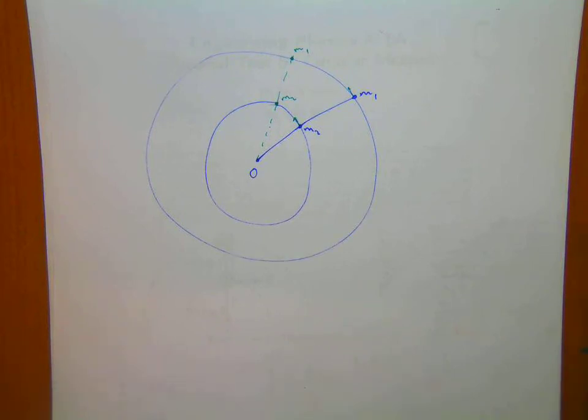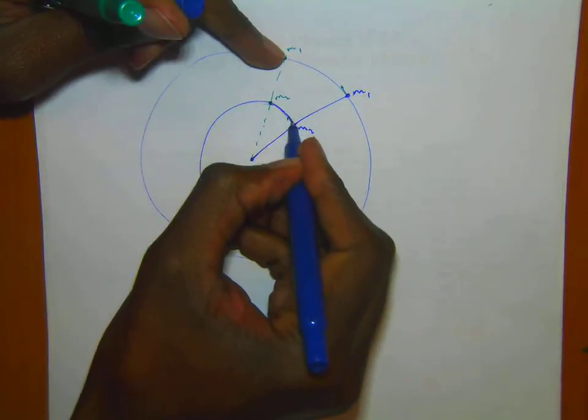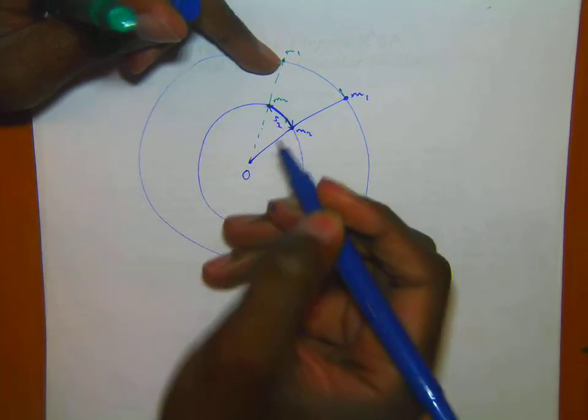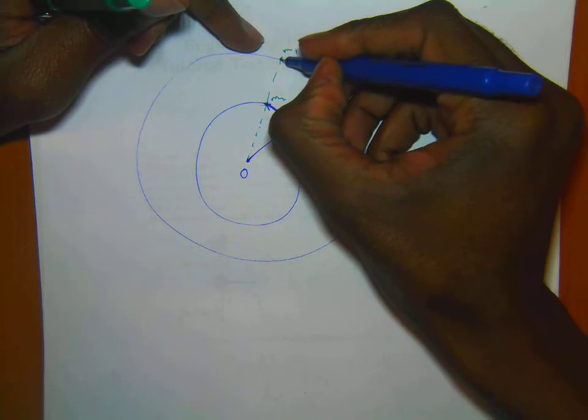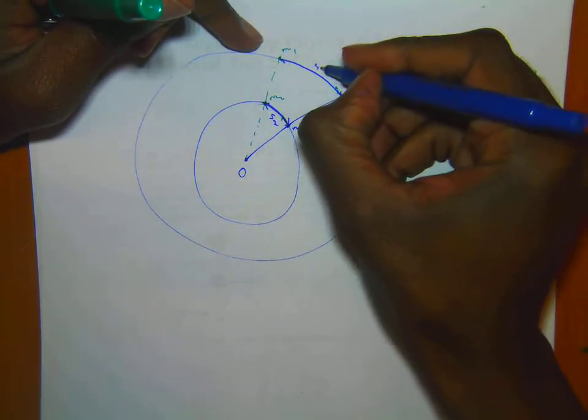So the linear speed is the distance traveled divided by the time. The actual length, that's why I'm saying linear. So for body M2, the distance traveled is this here, which is S2. And for body 1, the distance traveled is that there, which is S1.